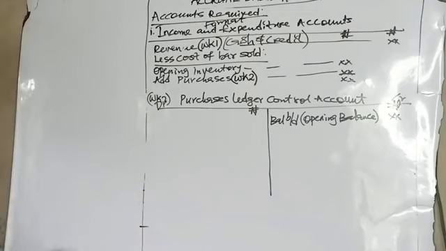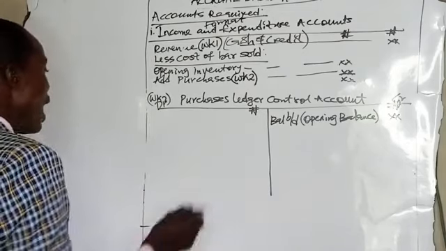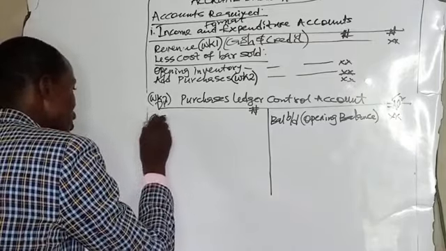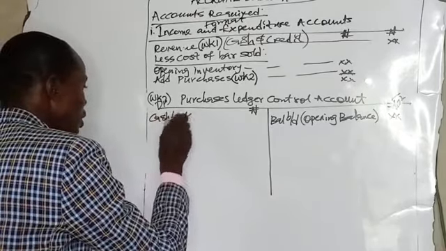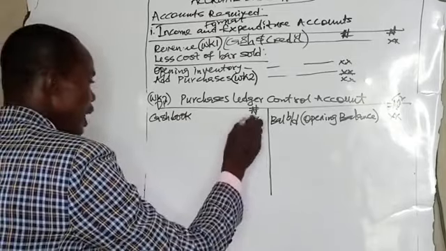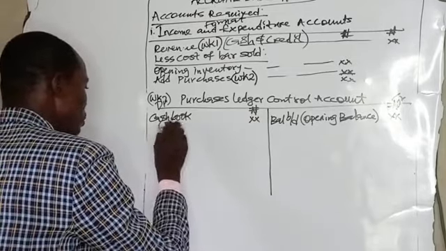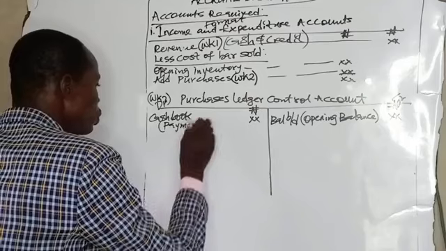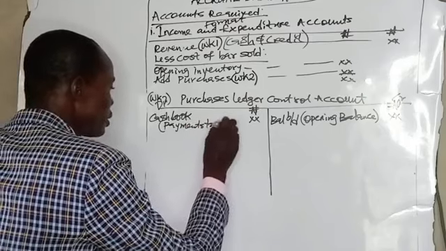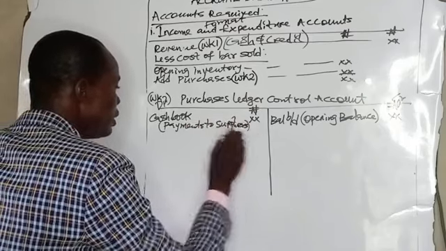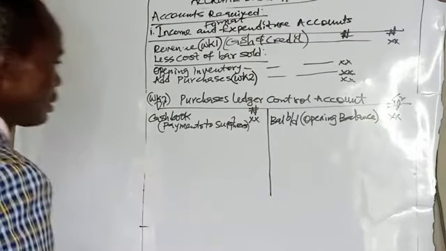So then you go through the receipts and payment account. At the credit side, you may have payment to suppliers. Let me put cash book. That is payments to suppliers from the receipts and payment account.